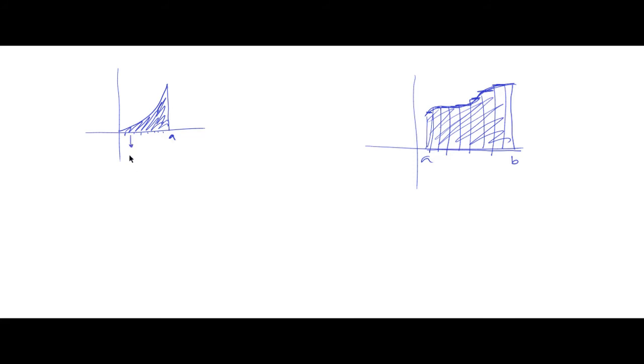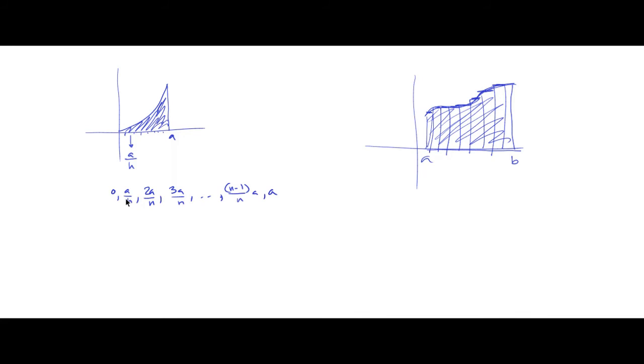Each one of them has width A divided by n. So the points that divide the interval are 0, A/n, then 2A/n, 3A/n, and so on, until you get (n-1)/n times A, and A. Those are the points.